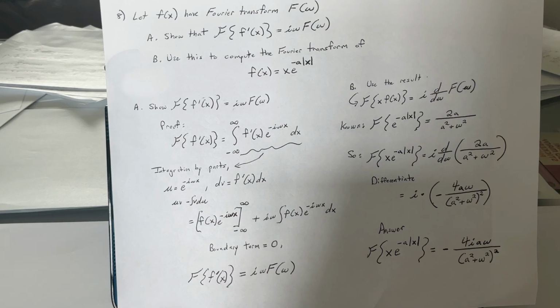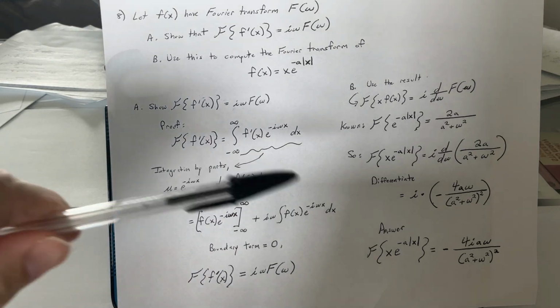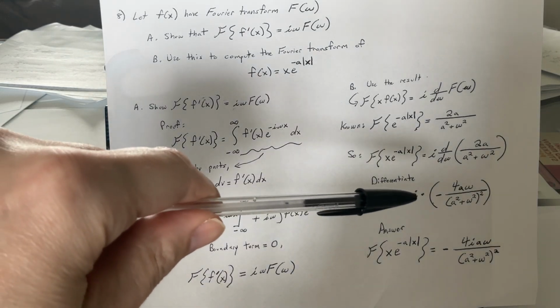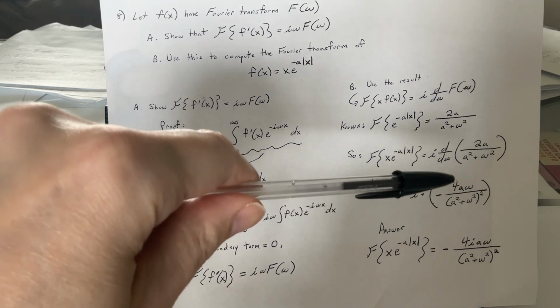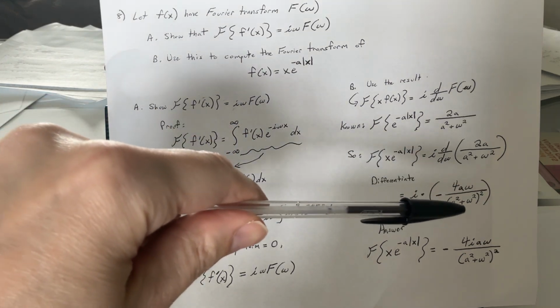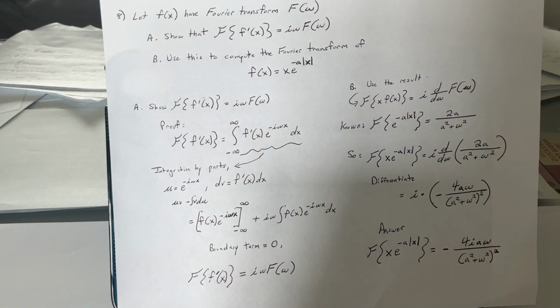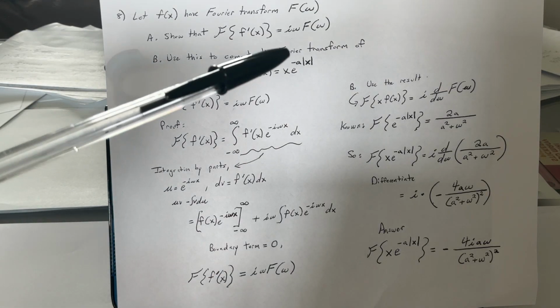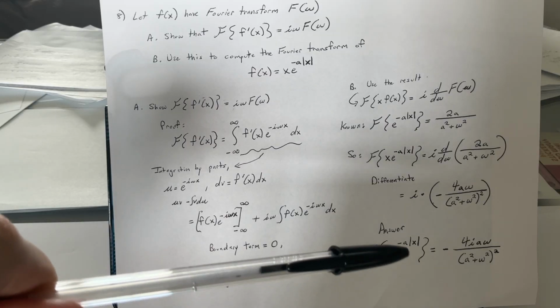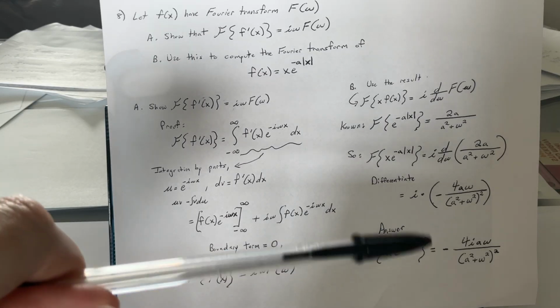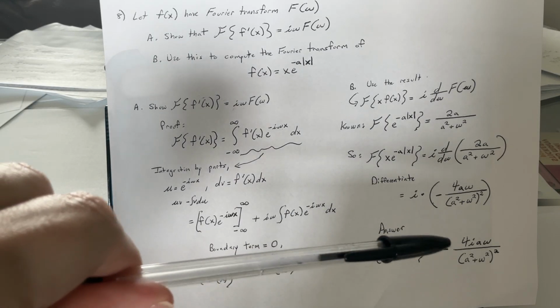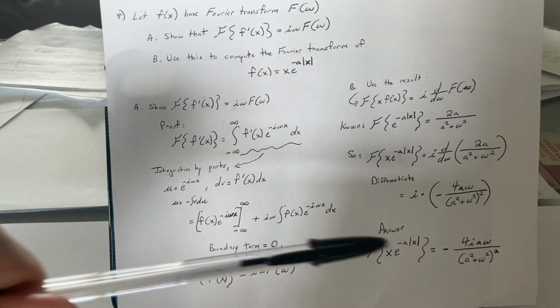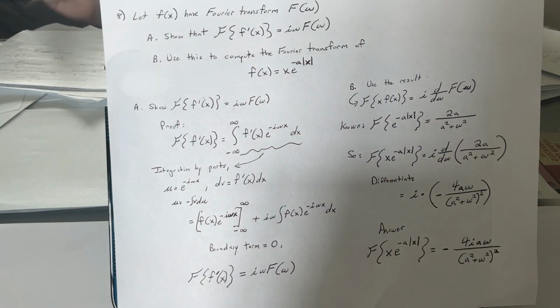Okay, we're only worried about w there. So differentiate, you get i times negative 4aw over a squared plus w squared, squared. So this Fourier transform of x e raised to the negative a times the absolute value of x is just going to be this, negative 4iaw over the quantity a squared plus w squared, squared. Okay.